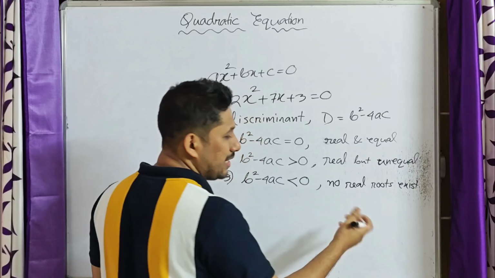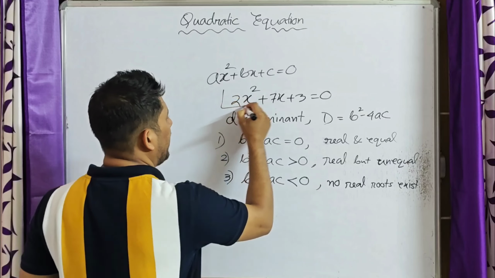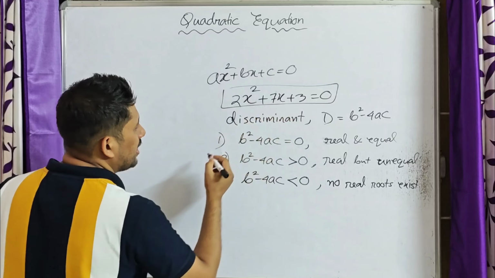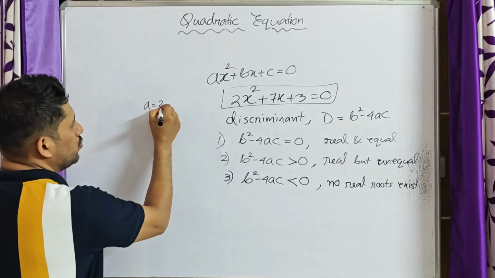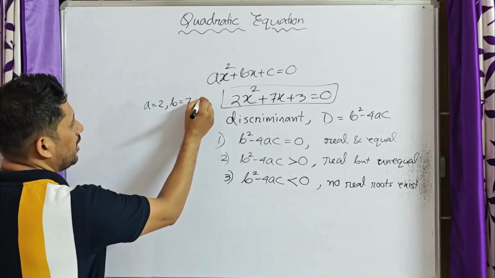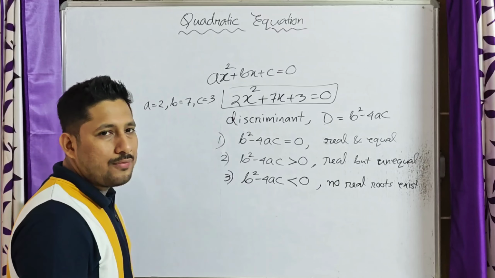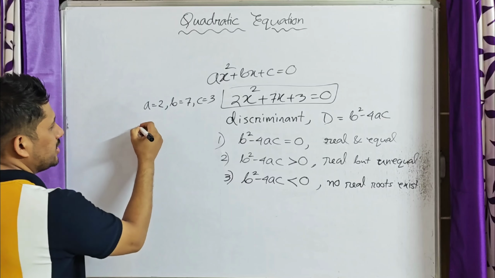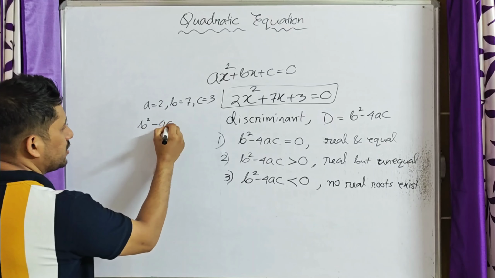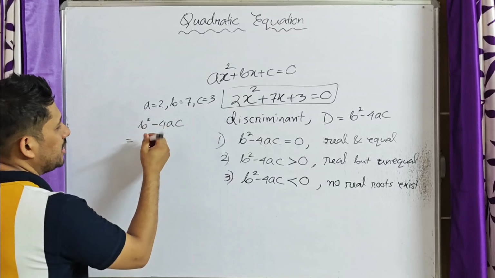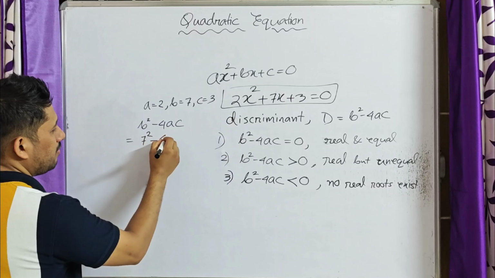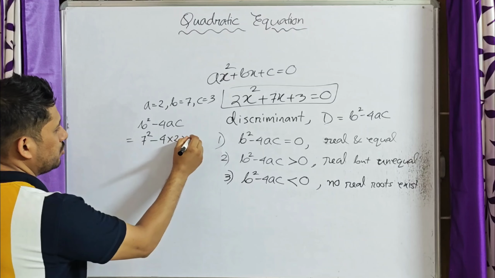Now let me show you the same thing for this given example. In this case, we know a is 2, b is 7 and c is 3. So if I find b square minus 4ac, here b is 7, so the square of 7 minus 4 into 2 into 3.